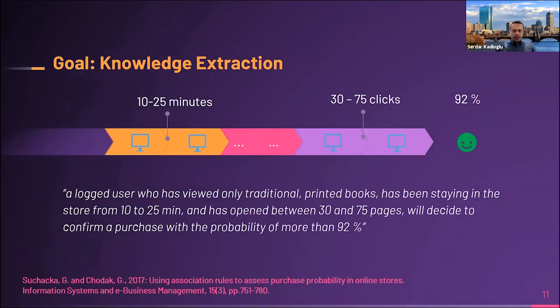Given this data set, the main goal behind sequential pattern mining is knowledge extraction. For example, let's take all the positive transactions and look at what is common to them. What we can find is that for the users who are logged in and checking out traditional printed books, who spend at least 10 minutes and visit a certain number of pages, the probability that they're going to make a purchase jumps to more than 90%.